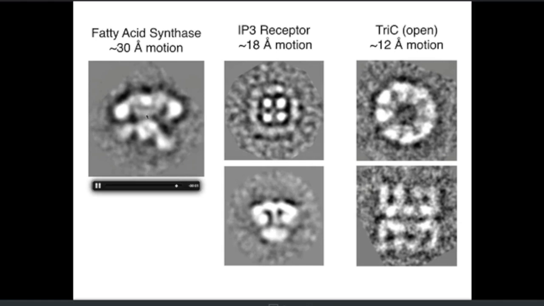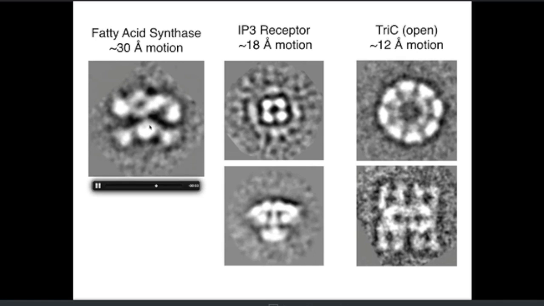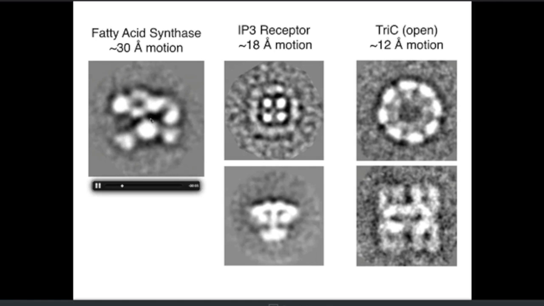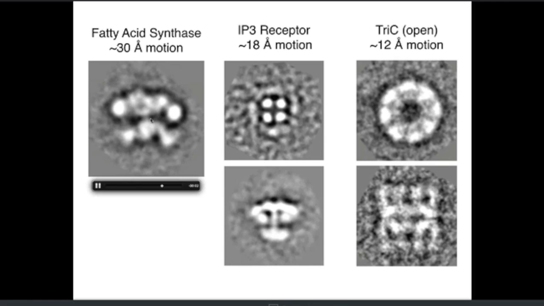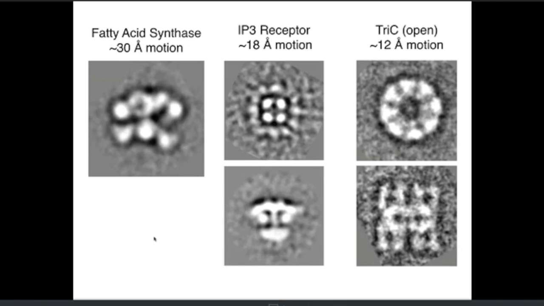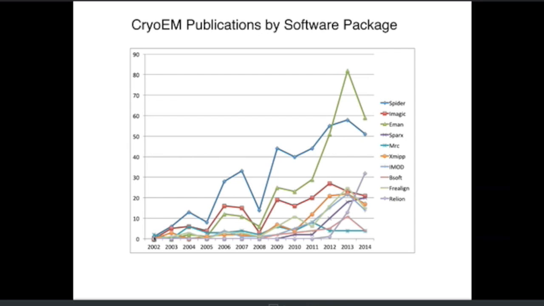So the typical reconstruction of a map like this is going to be limited in resolution, even if you deal with the dynamics somewhat, to probably the 12 to 15 angstrom regime. But other structures will be much more rigid in solution, and in those cases it won't be as much of a problem.